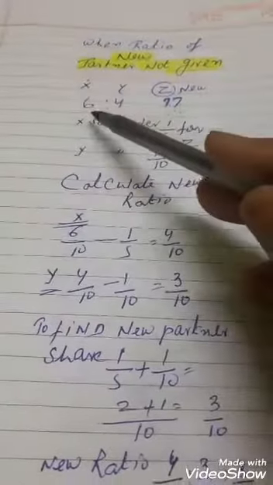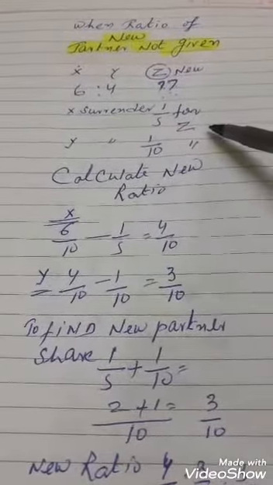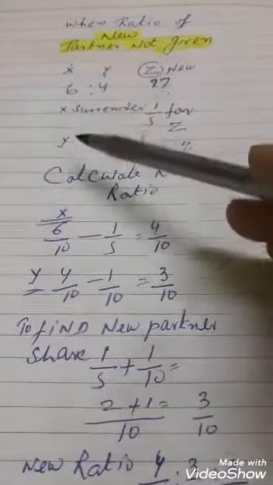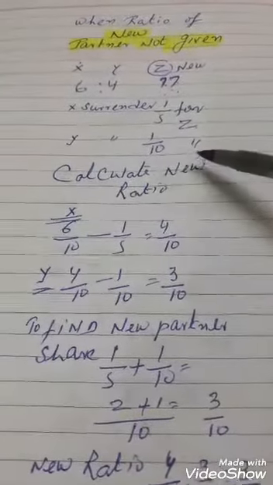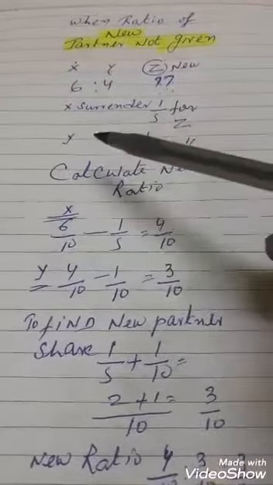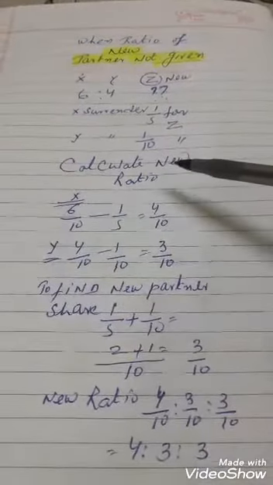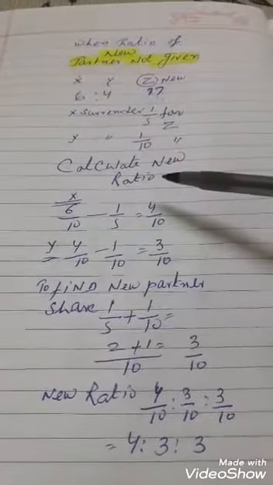But X surrenders 1/5 for Z, Y surrenders 1/10 for Z. The question says calculate the new profit sharing ratio.